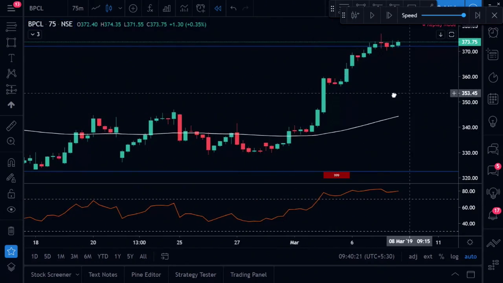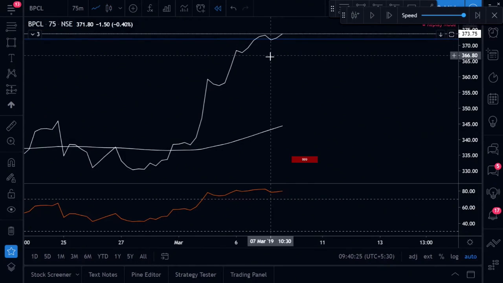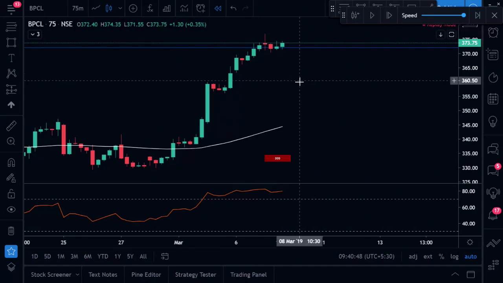But since we do not have so good price action on the weekly, nor did we see any other good divergences or good price action on the daily, this trade entry just on the basis of this 75 minutes negative reversal divergence would not be a good trade entry. Let us see how it plays out.